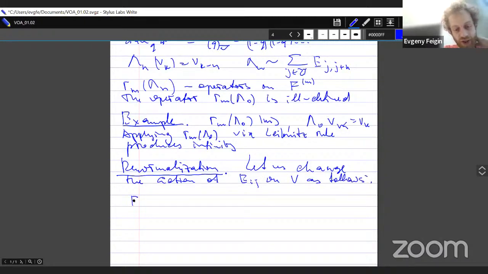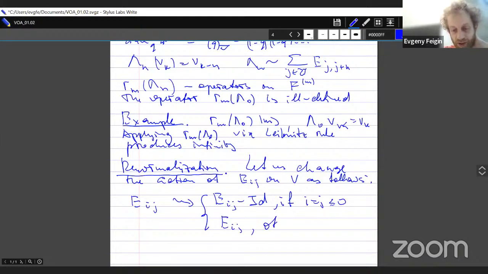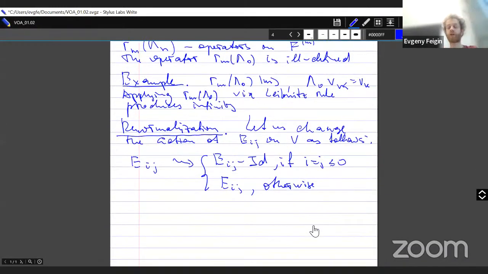We take E_{ij} and replace it with E_{ij} minus identity if i equals j and i is less than or equal to 0, and we keep it E_{ij} otherwise.